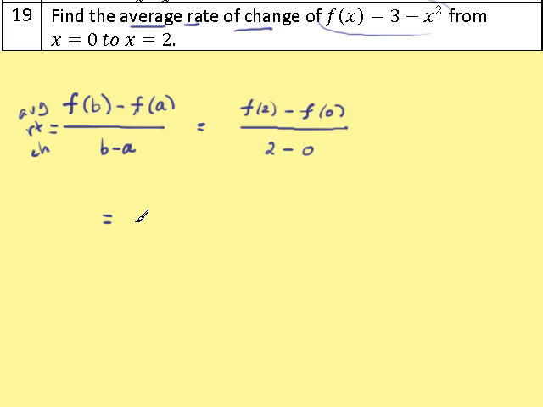All right, so let's work that out. First, f of 2, looking at our function, we're substituting in 2. That's 3 minus 2 squared. Okay, let's put that in parentheses. That's f of 2. Now f of 0 is 3 minus 0 squared over 2 minus 0.